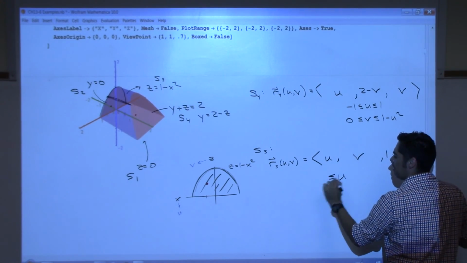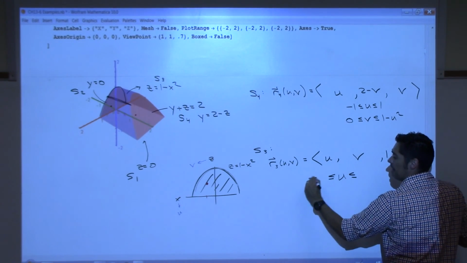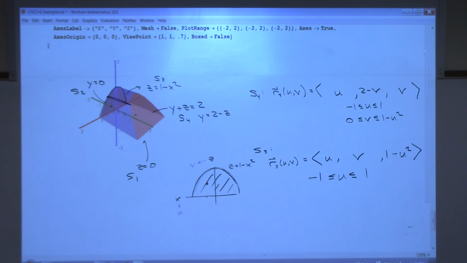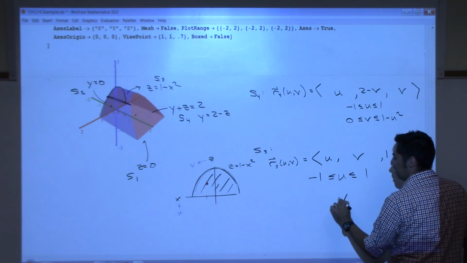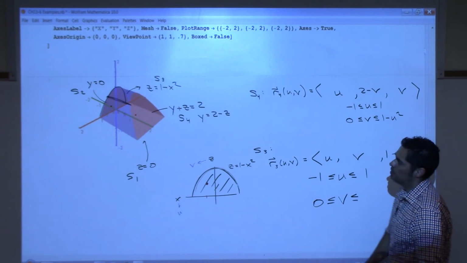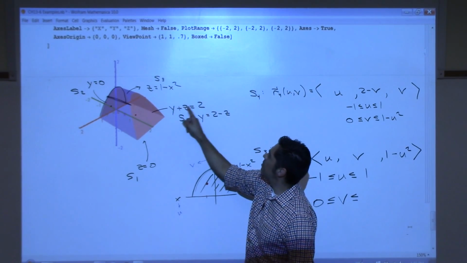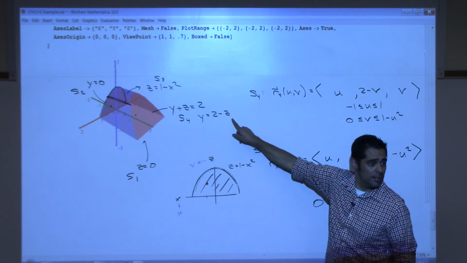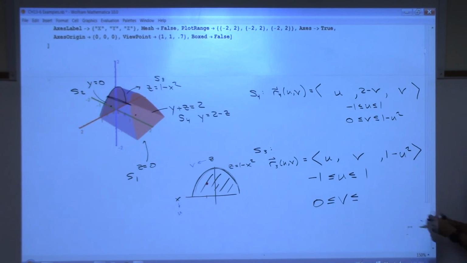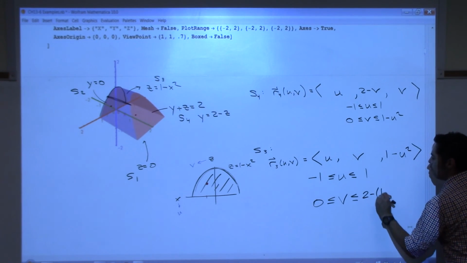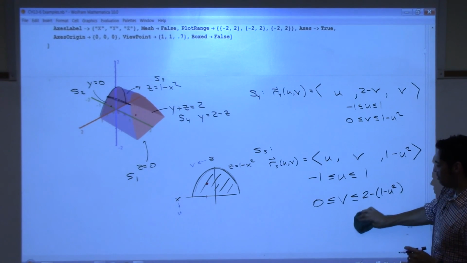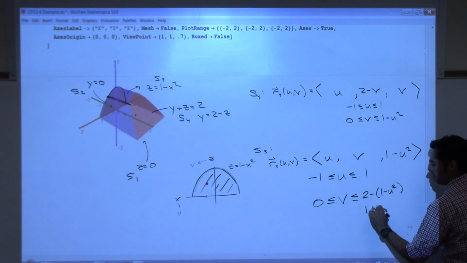U is between -1 and 1. V must be between 0 and this plane, which is 2 minus z, but z for us is 1 minus u squared. So 2 minus (1 minus u squared) is really 1 plus u squared.